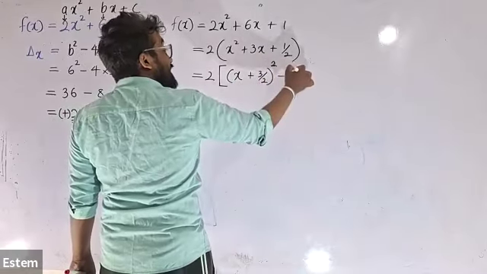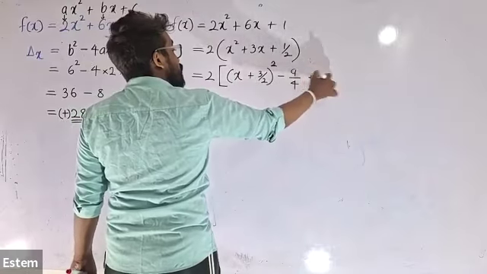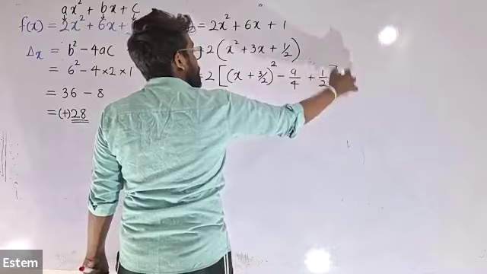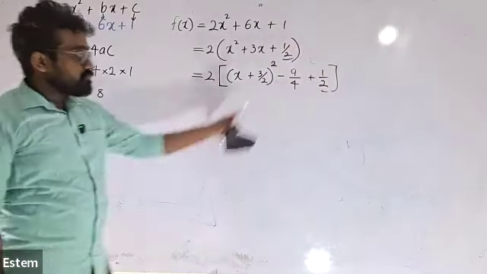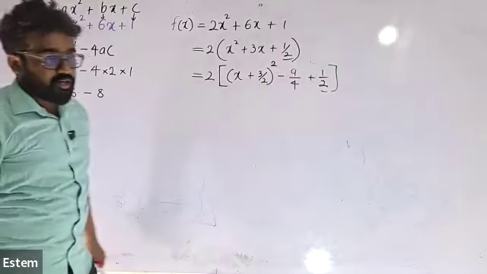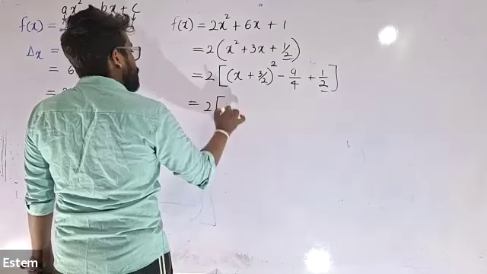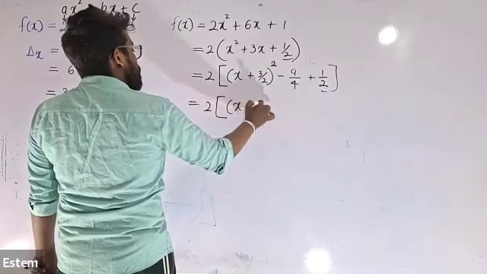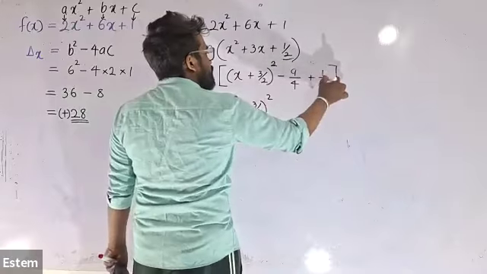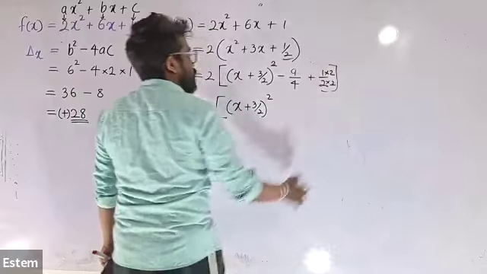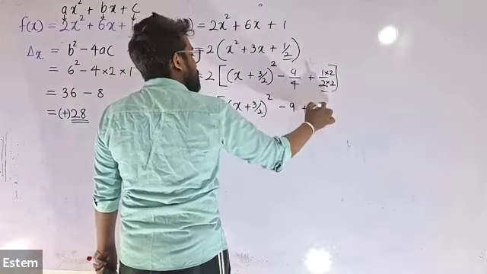So the square of 3 is 9, the square of 2 is 4, and don't forget this half. Then 2 times x plus 3 over 2 entire squared, and here it is minus 9 over 4 and plus 1 over 2.